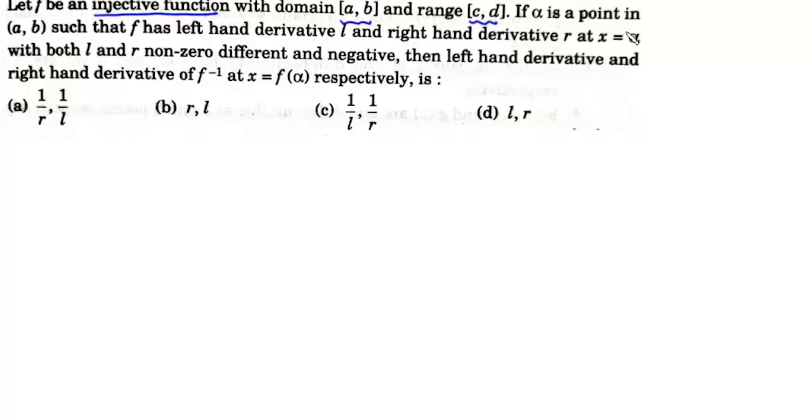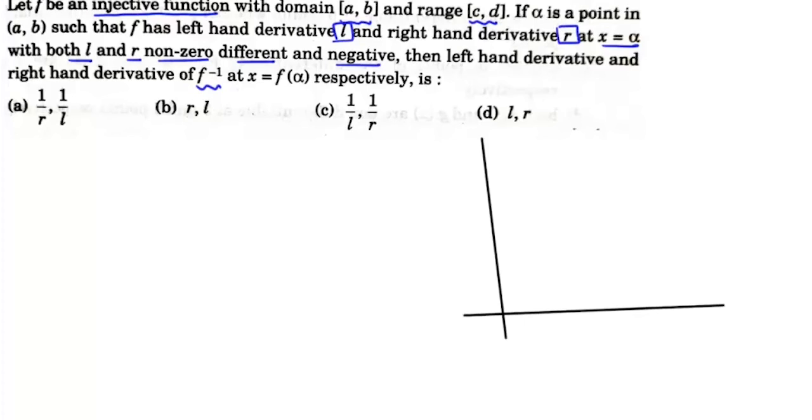If alpha is a point in the open interval ab such that f has left hand derivative L and right hand derivative R at this point x equals alpha, where both L and R are non-zero, different and negative, then we need to find the left hand derivative and right hand derivative of its inverse function at x equals f alpha respectively. So there is a lot of information given for this question.